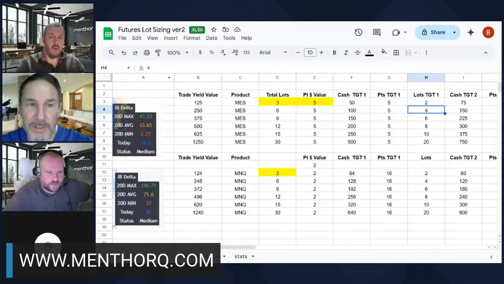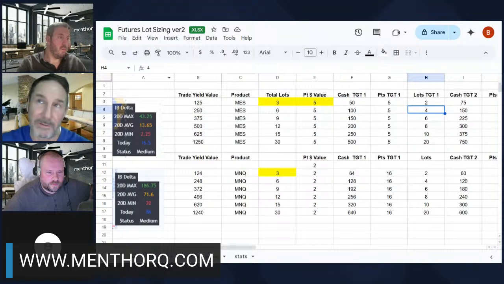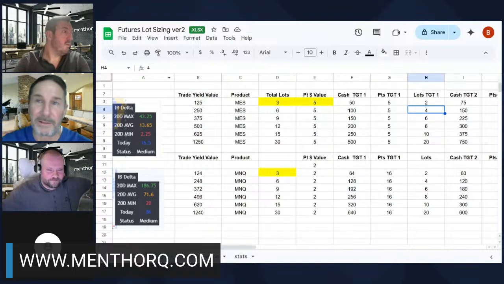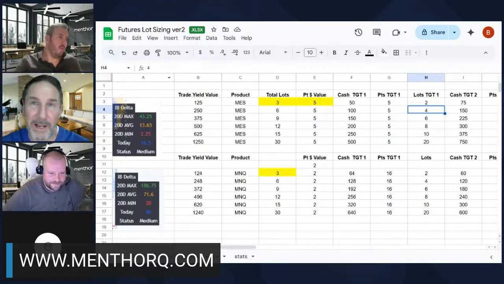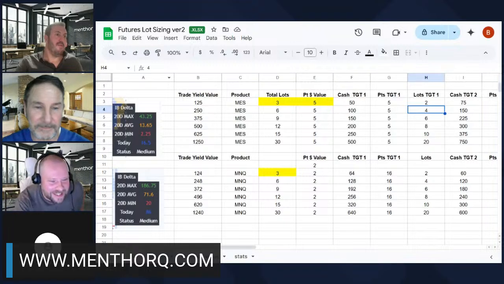I'm going through a process now that Fabio knows about, where I'm trying to add prop accounts onto my real account. So if I could trade my real account and send orders to the prop account, I'll be fine because I can make money in my real account. And what is this? It's scaling.